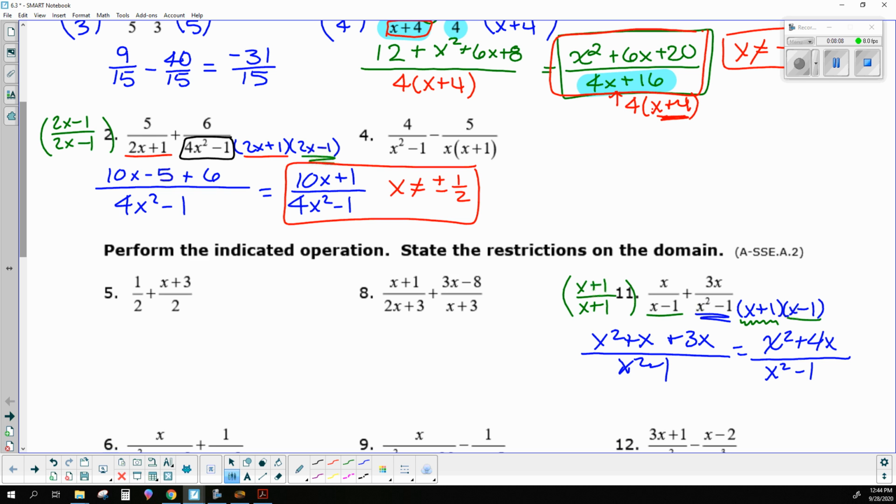Restrictions are decided based on the denominator, so x cannot be plus or minus 1. And there's your answers. And that is how we add or subtract and find the restrictions for rational expressions.